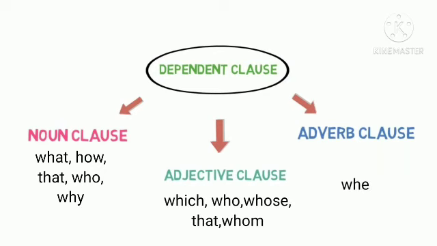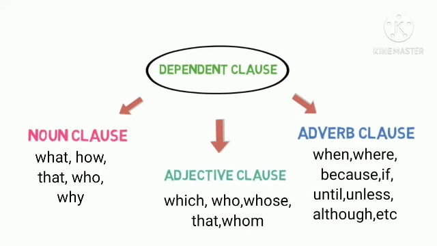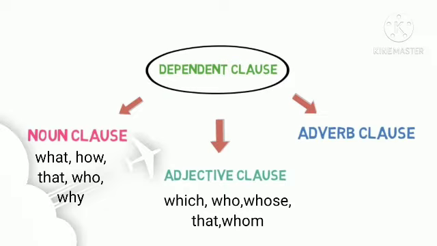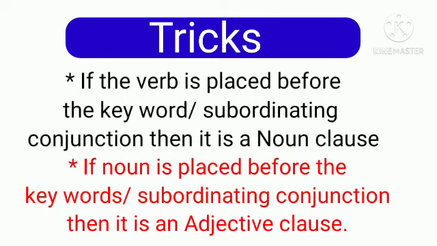For adverb clause, the keywords are when, where, because, if, until, unless. Now, the trick is that if a verb is placed before the keywords, that is the subordinating conjunction, then it is a noun clause. If a noun is placed before the keywords or subordinating conjunction, then it is an adjective clause.